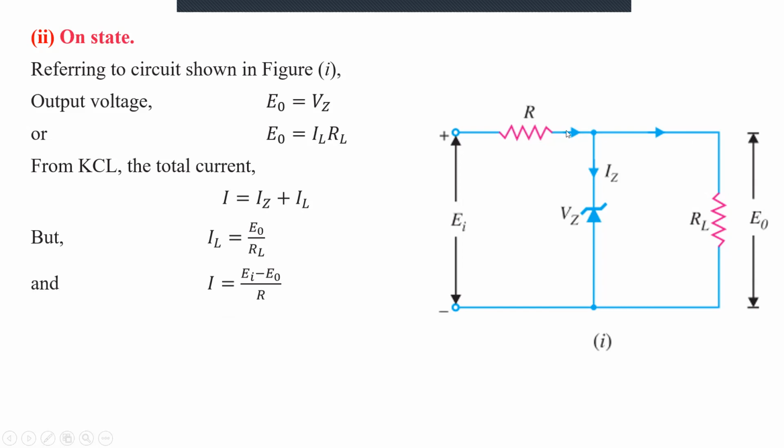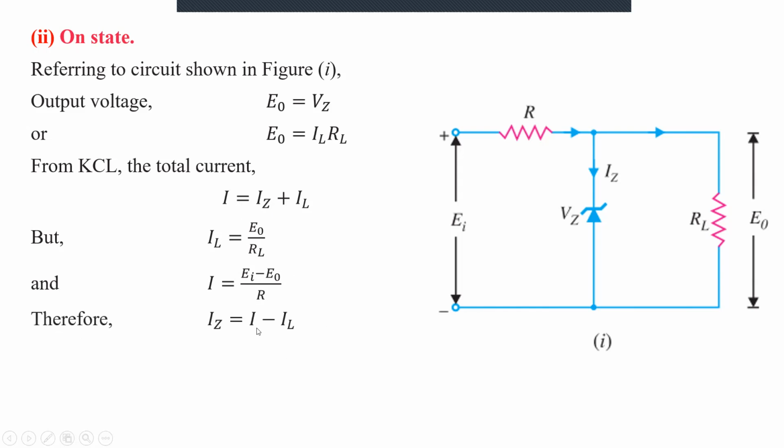You can also calculate the total current I, which is equal to the input voltage minus the output voltage divided by the series resistance. Substituting E naught equal to VZ, that will be the input voltage minus VZ divided by the series resistance R. So we get the expression for load current as E naught by RL, and the expression for total current as EI minus E naught by R. We can calculate the Zener current IZ using these expressions.